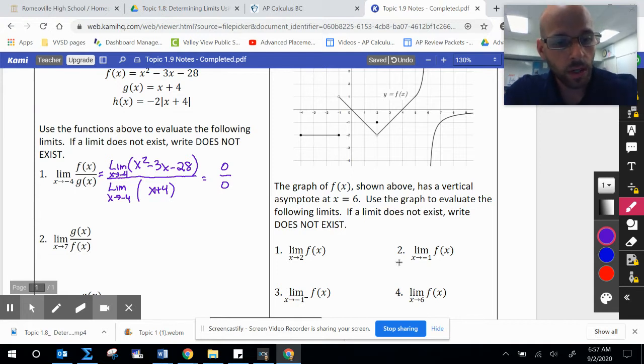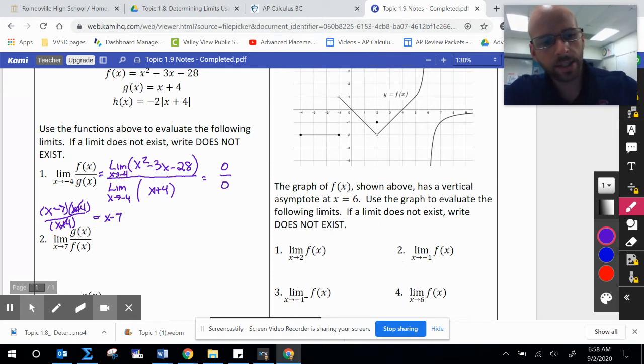So if you reduce the top, it factors into x minus 7, x plus 4, all over x plus 4. The x plus 4 is reduced, and I'm left with x minus 7. Now, this is our extended function, which we can then use to find our limit.